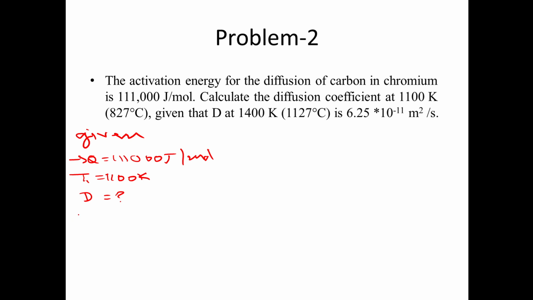But one more thing he has given is the D value: D1 we need to calculate, D2 he has given, that is 6.25 into 10 to the power of minus 11, at T2 given as 1400 Kelvin.